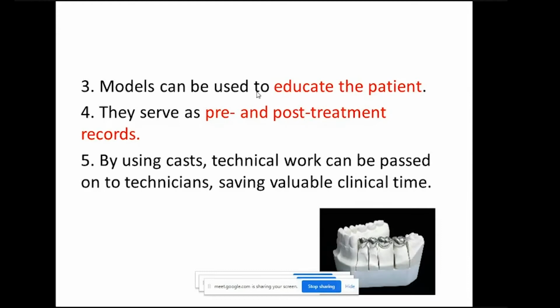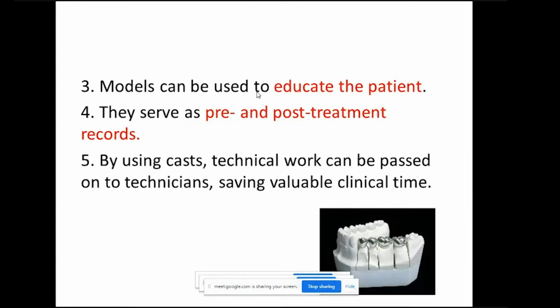By what? By the cast. Bring the cast and tell the patient, I will remove little bit from your teeth in the labial side and adjacent area in order to reproduce the restoration in the future unit, in order to educate the patient.